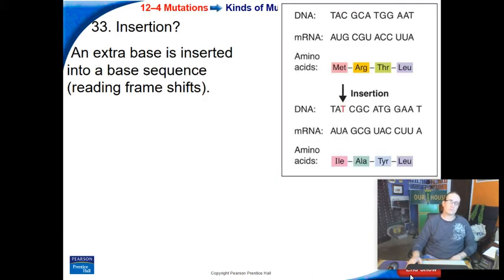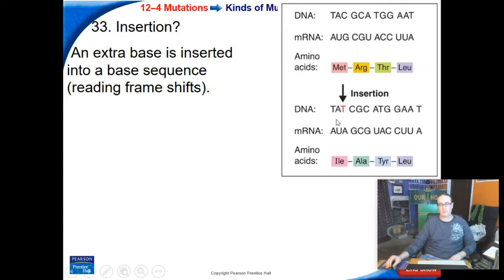Okay, insertion. An extra base is inserted into a base sequence. So again, the reading frame shifts. So this is the original DNA. It used to be TAC. Now it's TATC. So this T was inserted into this DNA sequence.